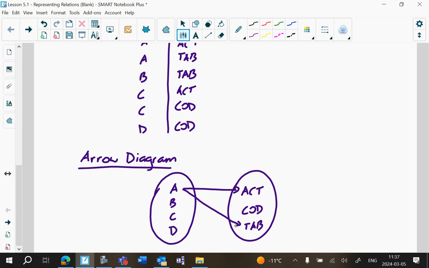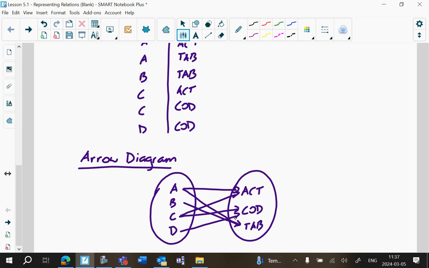B appears in tab. C appears in act and cod. And D appears in cod. So it can get a little messy. But notice we've got 6 arrows to represent the 6 components in the relation. Okay.